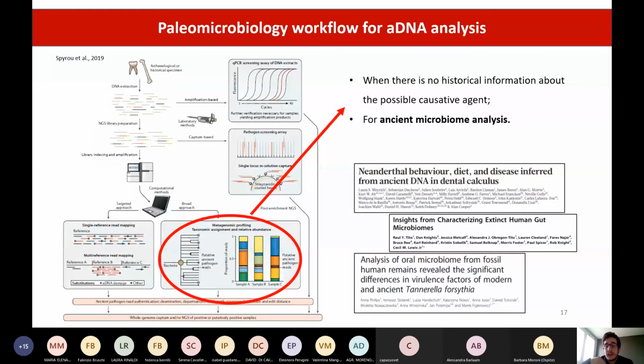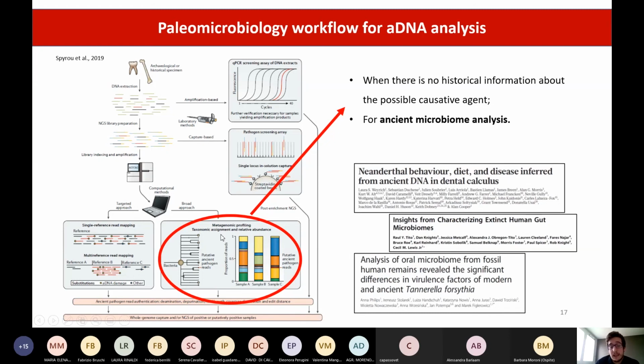If you don't have historical information about the site or the individual, you can do, for example, a shotgun metagenomic to extract all the fragments inside and reconstruct the microbial community of your samples.